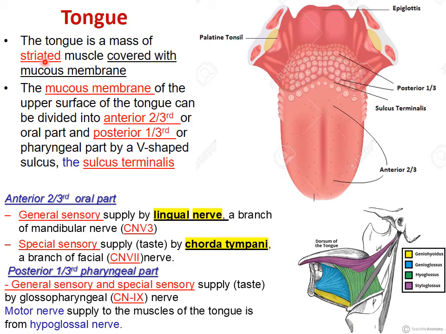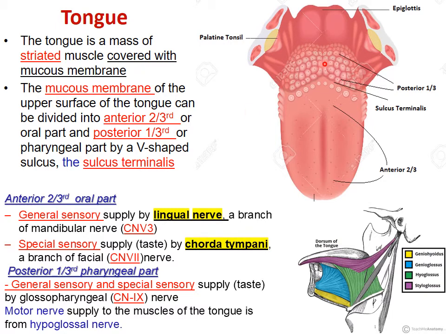Now, the tongue is a mass of striated muscles covered by mucous membrane. Okay, this is the mucous membrane with papillae. Papillae usually contain the taste buds inside, right? Now come to the mucous membrane. The upper surface of the tongue can be divided into the anterior 2/3 or oral part, and the posterior 1/3 or pharyngeal part by a V-shaped sulcus, the sulcus terminalis.